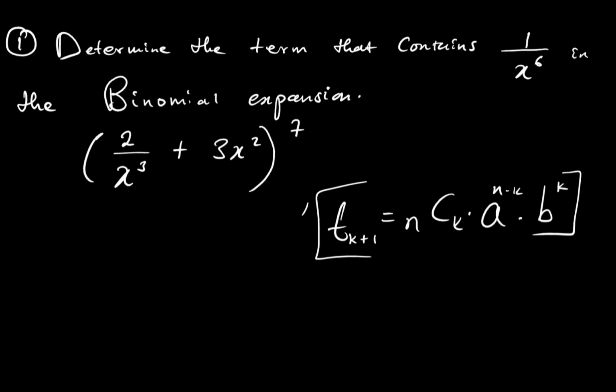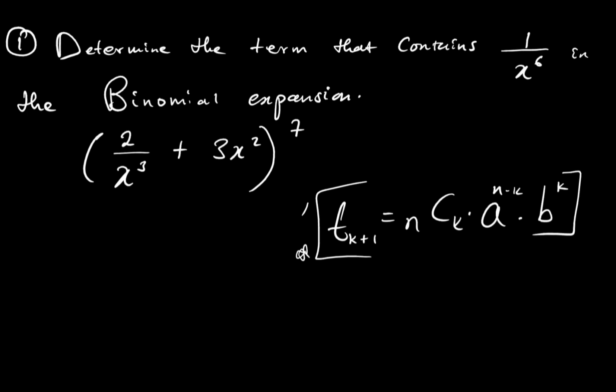Now, there are certain binomial expansions that are simple to follow and easily determine the position of the term that will contain such a value that might be given in the question. But if you look here, we're having a power of 7, which is significantly big. It's too big. So the best thing to do is to use the term equation.